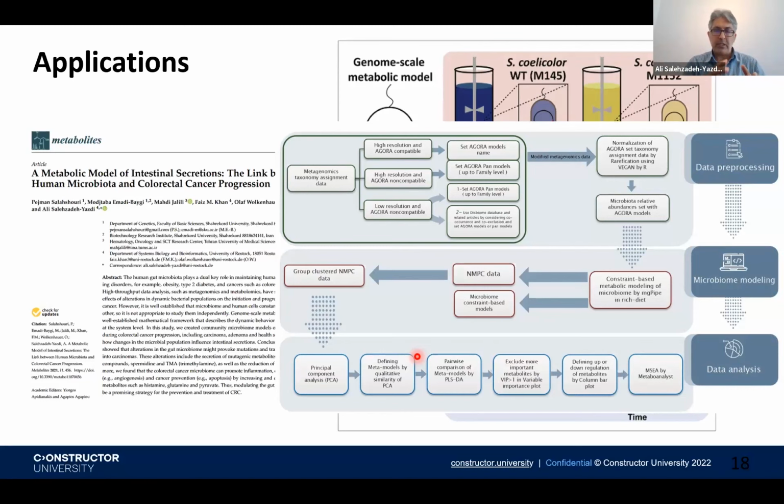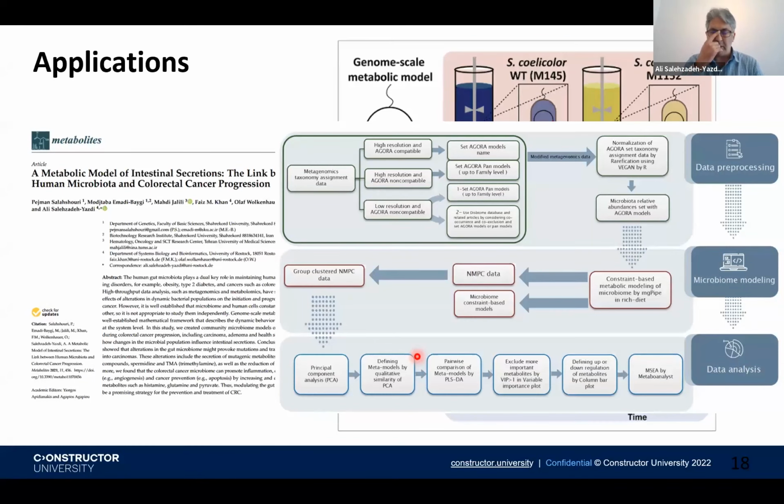So, for example, in this study, we show how the microbiome in the different stages from healthy to adenocarcinoma, how the behavior of the microbiome metabolism changed when the colorectal cancer progressed. And we targeted some metabolites that in the later stage were amplified in colorectal cancer patients, like TMA, trimethylamine, which we showed is amplified in the later stage, or the reduction of butyrate.